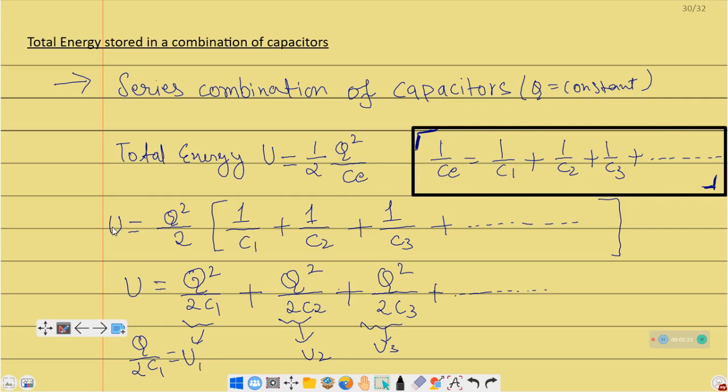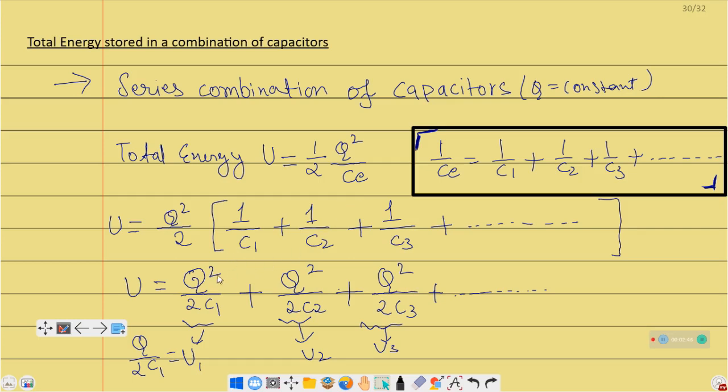This equation becomes U equal to Q square upon 2, because the charge in series combination is equal in every capacitor. So Q square upon 2 bracket 1 upon C1, 1 upon C2, 1 upon C3, and so on.